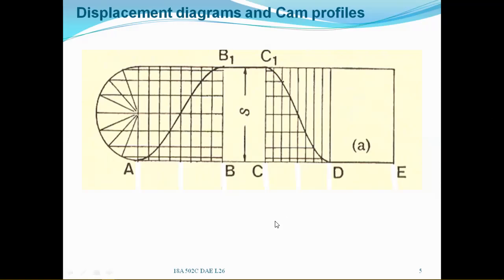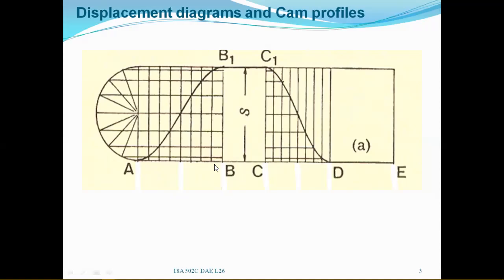So from A to E it is 360 degrees of cam rotation. Thereby if you take the scale 30 degrees equal to 1 centimeter or 10 mm, then A to E will become 120 mm or 12 centimeters.